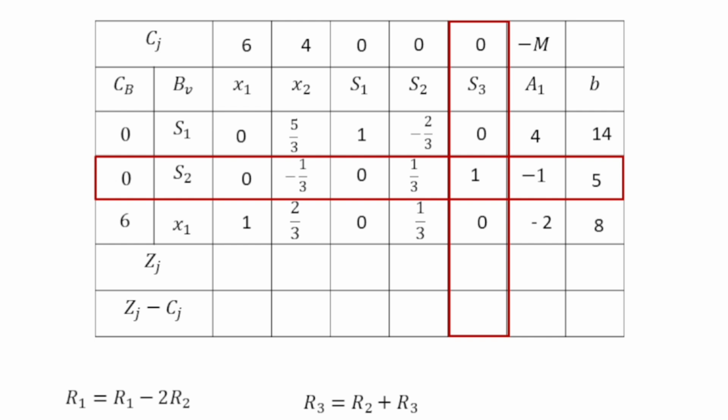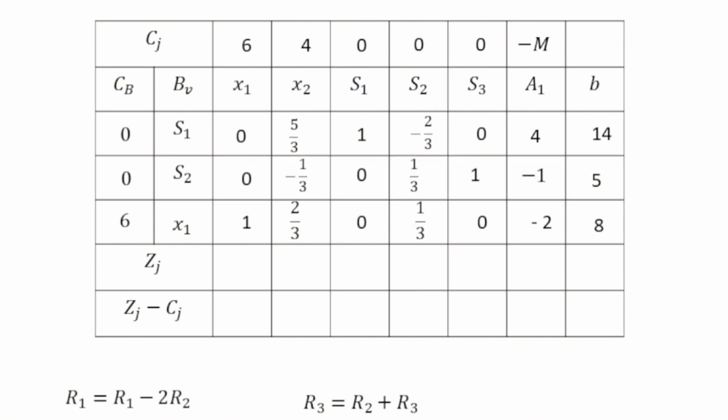So Zj, the normal way we get Zj, 0 times 0 plus 0 times 0 plus 6 times 1. That's going to be 6, and on and on. Then Zj minus Cj will still give me 0, 0, 0, 2, 0. Okay, now I've been able to get all positives, right?